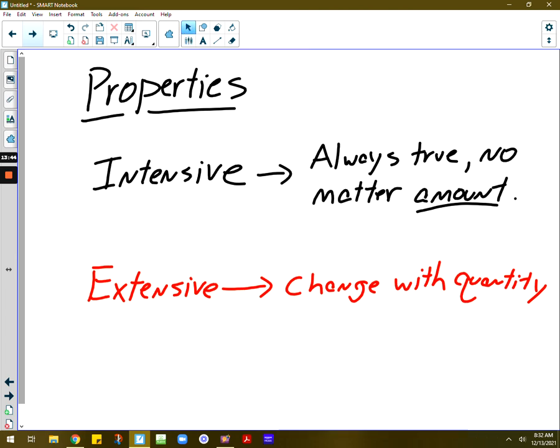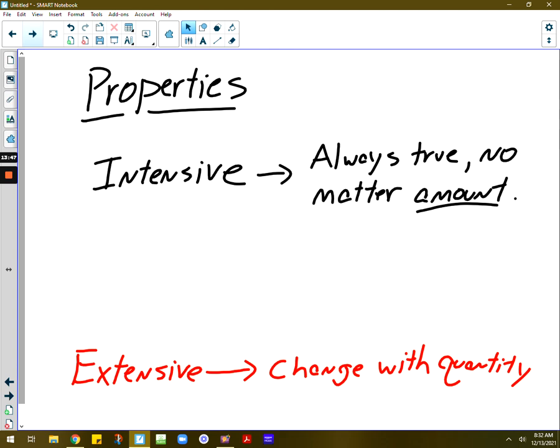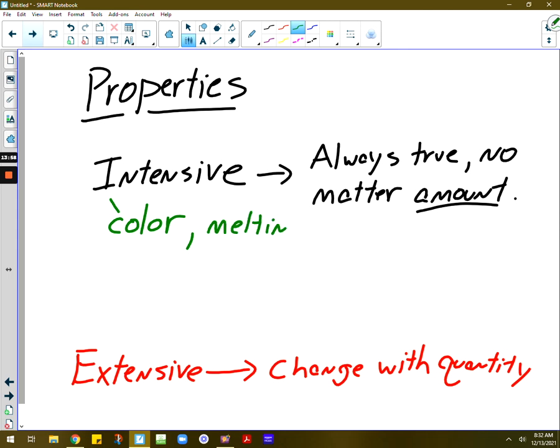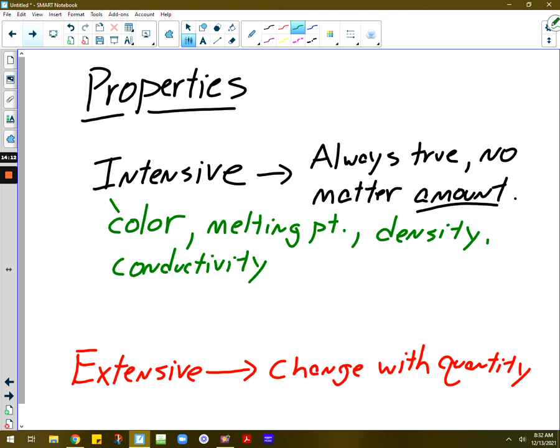Intensive properties would be things like color, melting point, boiling point, density, conductivity, how well something conducts electricity, and how well something dissolves in something else, solubility.